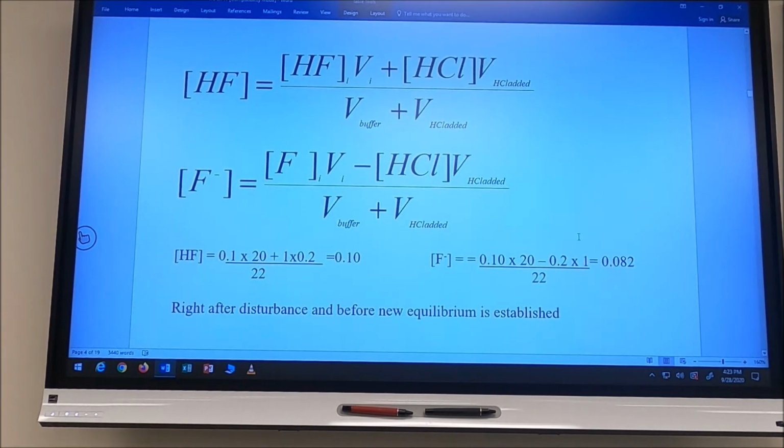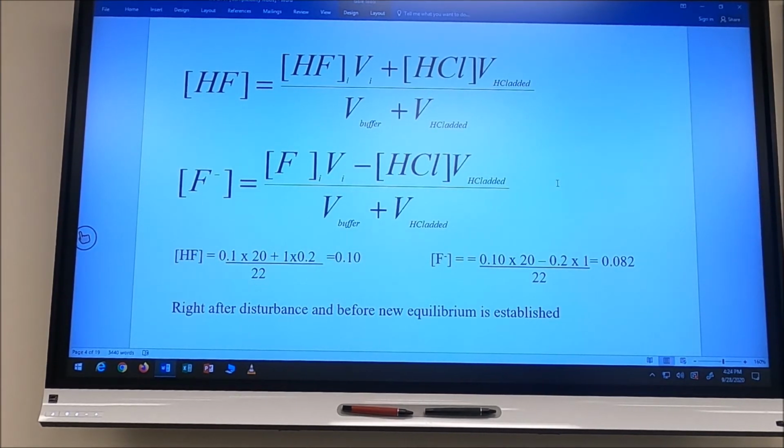The concentration of HF at the moment the disturbance has happened is going to be the molarity of HF times the volume of the solution plus the molarity of the HCl times the volume of the HCl added, because HCl is going to eat up the conjugate weak base and make the weak acid, divided by the volume of the buffer plus the volume of HCl added.